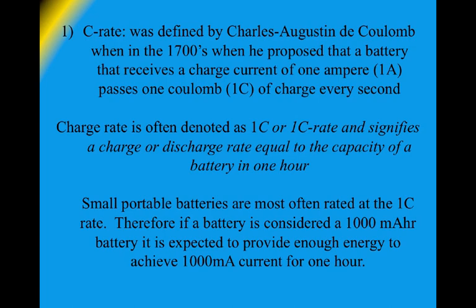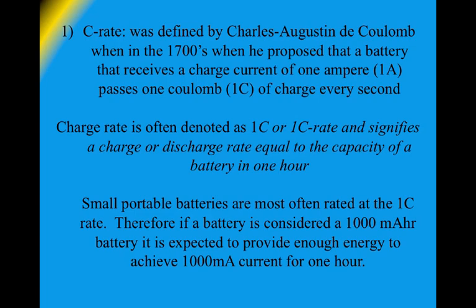Most small portable batteries are rated at the 1C rate. So if we're talking about a 1000 milliamp hour battery, it will be expected to provide enough energy to achieve 1000 milliamp current for the period of 1 hour.